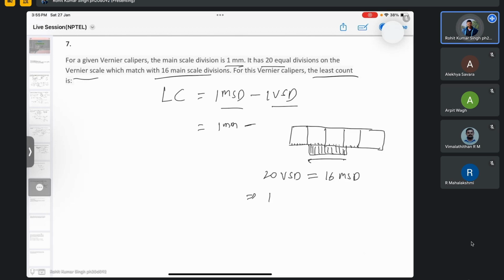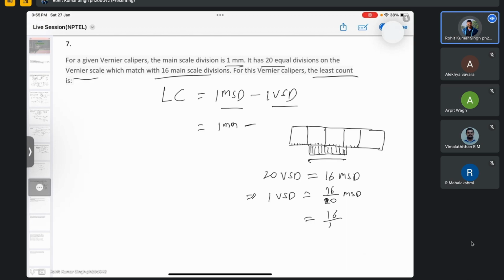So one vernier scale division is what? 16 by 20 main scale divisions, right? And what does one main scale division correspond to? It corresponds to 1 mm, right?